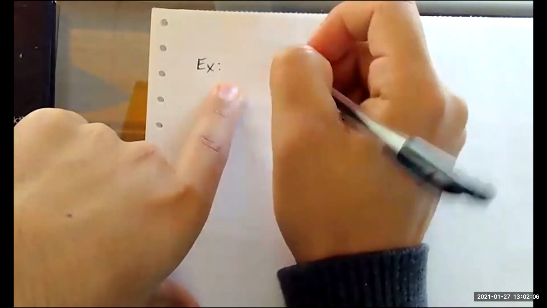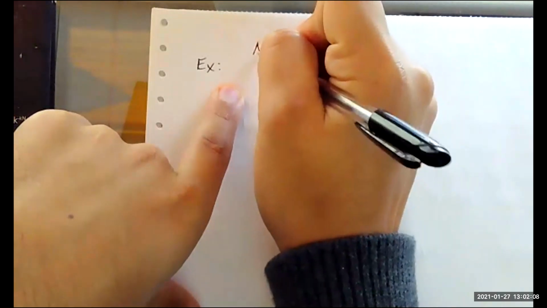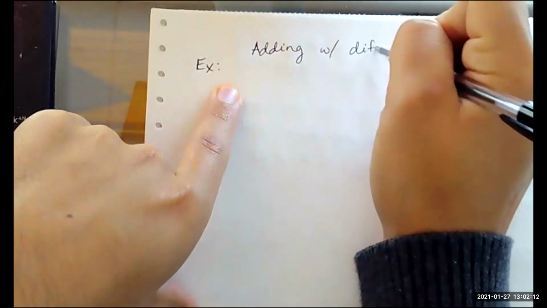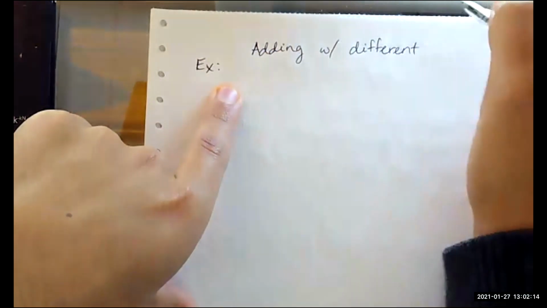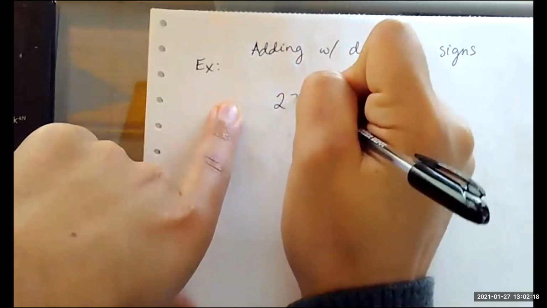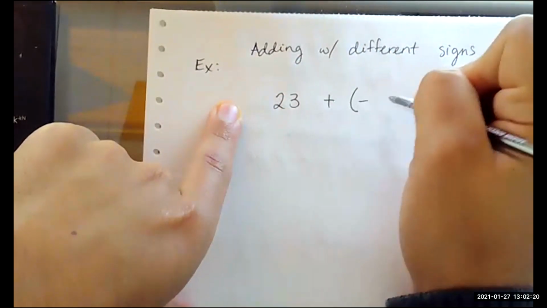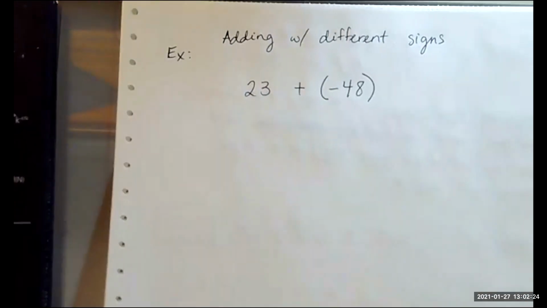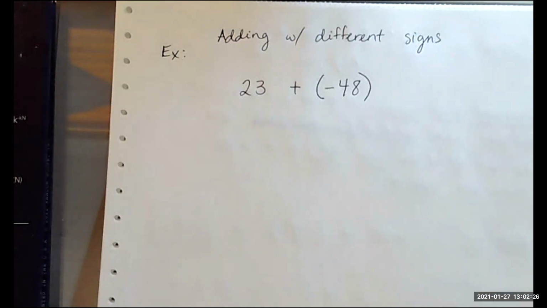So when you're adding numbers with different signs, let's say I have 23 plus negative 48. Then you have to think about what the result is going to be in terms of positive or negative.